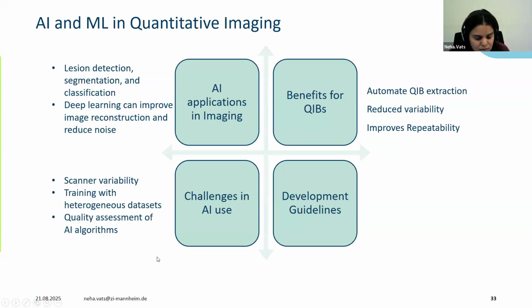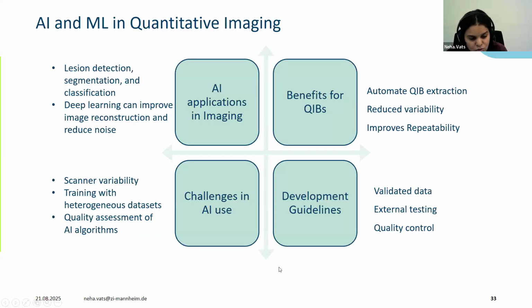The data set that you will be training on will be very heterogeneous. If you implement one AI model at one center, you cannot make sure that it will work similarly at another center, with another scanner, or with another vendor. Quality assessment of these AI algorithms is also a critical challenge.